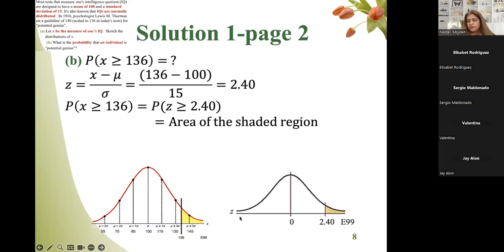This is the Z curve; Z always has mu of 0 and sigma of 1. The area of X greater than or equal to 136 is the same as the area of Z greater than or equal to 2.40. Look at the yellow shaded region and the mustard shaded region. They're exactly the same.